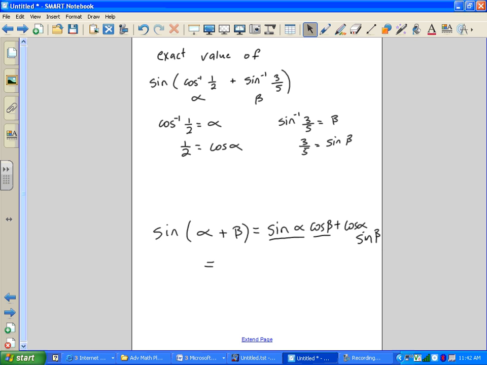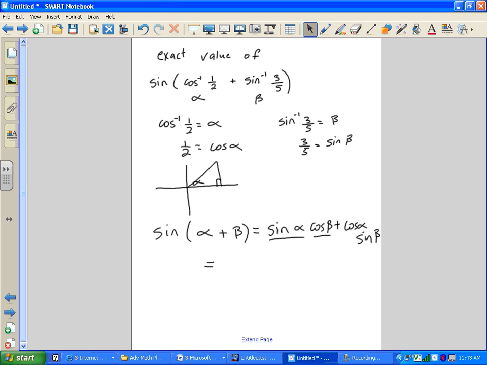Okay, so notice if we do inverse cosine, I'm looking at the first term there, inverse cosine goes from 0 to pi. And because it's positive, that means it would be in the first quadrant. So I'm going to draw a triangle in the first quadrant here with the vertex being the origin.